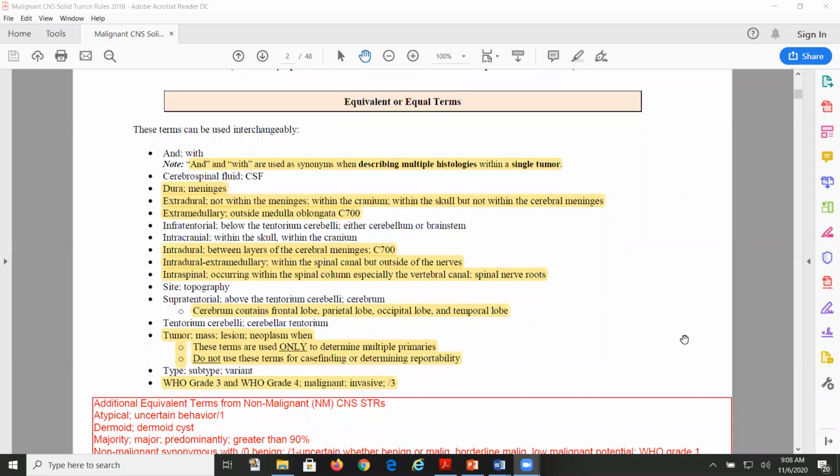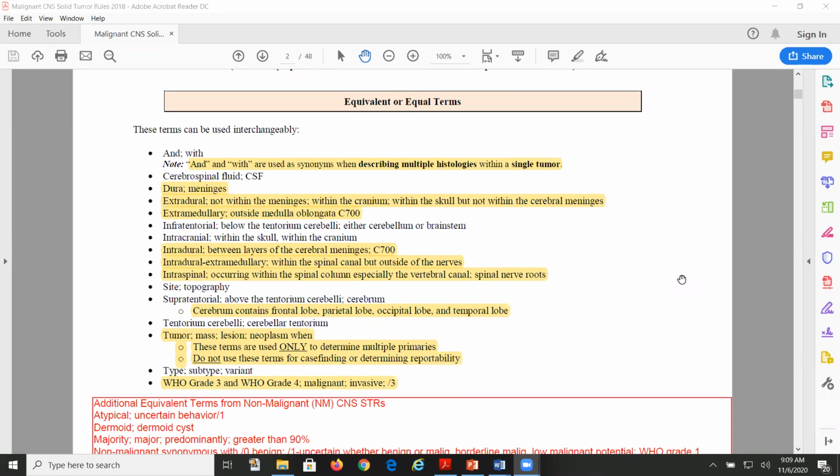Equivalent terms and with are synonymous for describing multiple histologies within a single tumor. Dura and meninges are equivalent. Extradural is not within the meninges, within the cranium, within the skull, but not within the cerebral meninges.